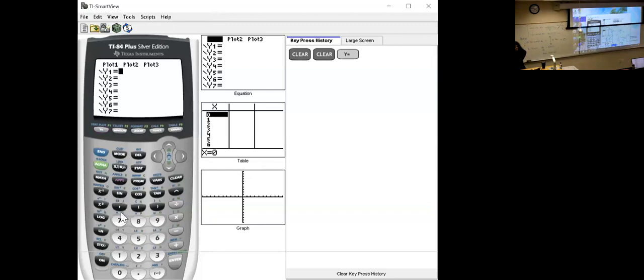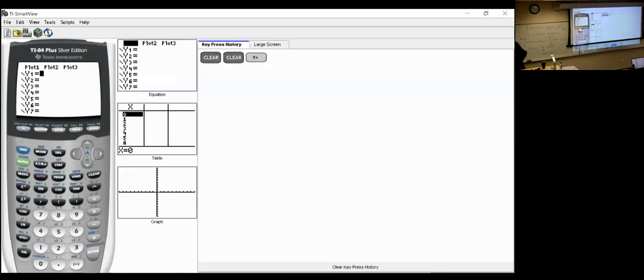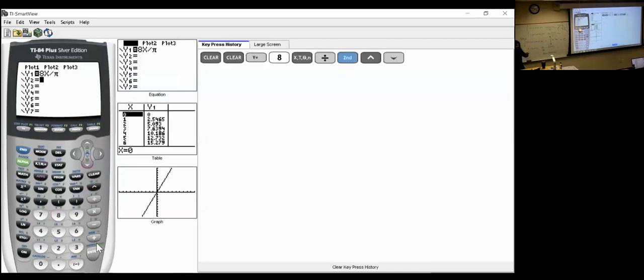First equation is easy, 8x divided by pi. The second, either you could put sine x cosine x, or you could do sine 2x over 2. Entirely up to you.